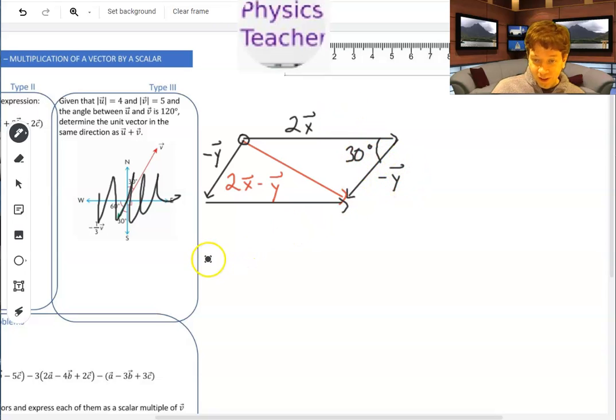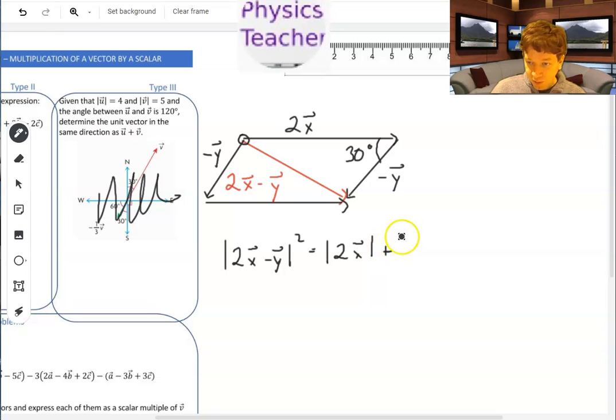So the magnitude of 2x minus y squared equals the magnitude of 2x plus the magnitude of negative y squared minus 2 times the magnitude of 2x times the magnitude of negative y times the cos of 30 degrees.